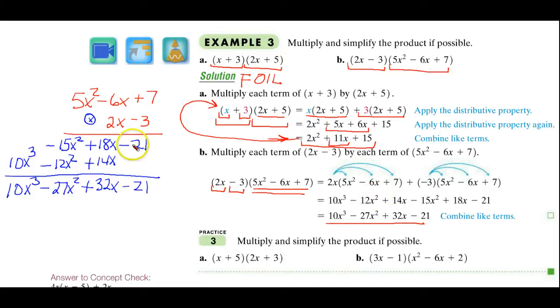So to me, anytime you have a binomial times a trinomial, you could do it this way, but the idea of doing it vertically is a skill we're going to be using.